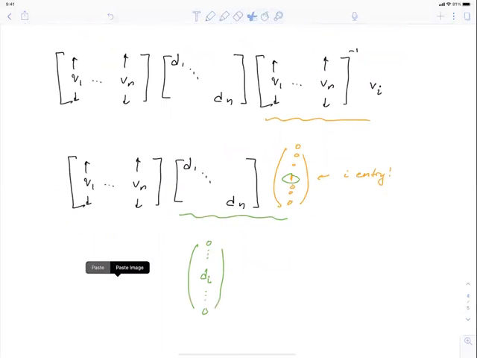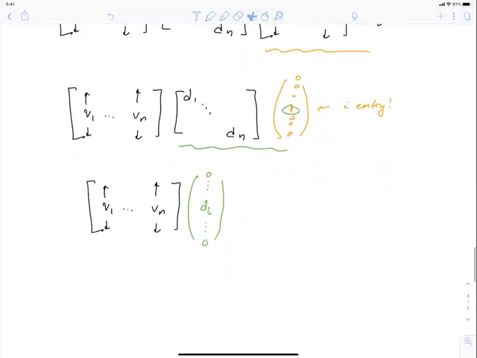And then finally, this last one, just like before, is going to give us whatever the ith column is. That's all we're going to be left with. And so we're left with D times what we started with, or DI times what we started with.